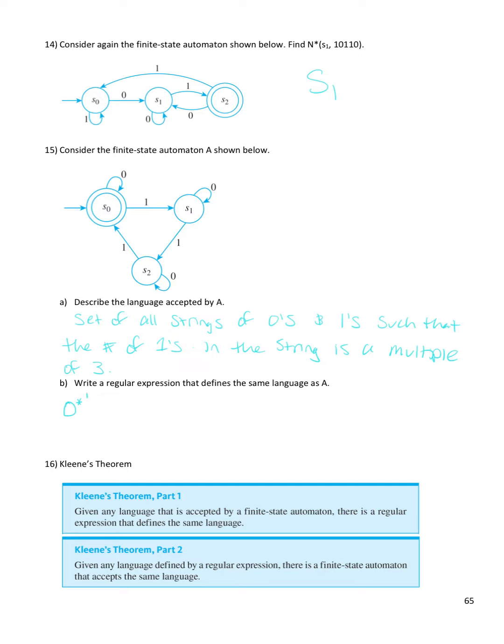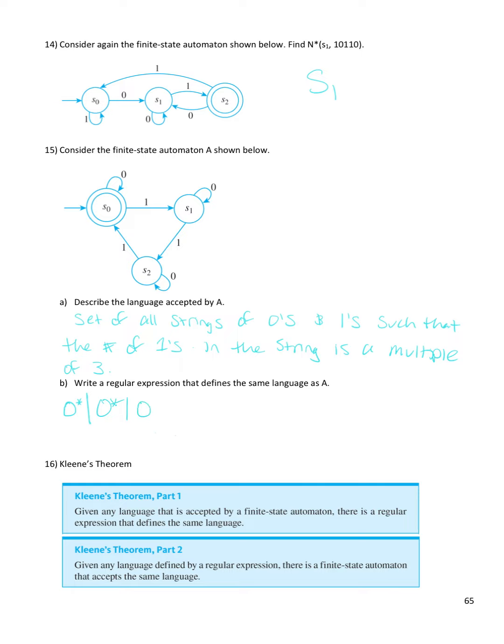Okay, and then or I could do any number of zeros, followed by a 1, any number of zeros, followed by a 1, any number of zeros, followed by a 1, any number of zeros. Okay, so starting here, I get any number of zeros. That's 0 star. Followed by a 1, so concatenate with a 1.